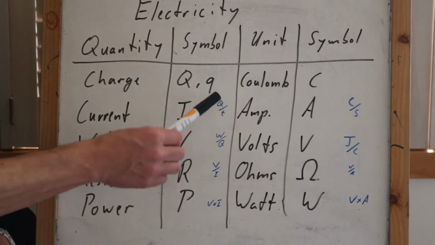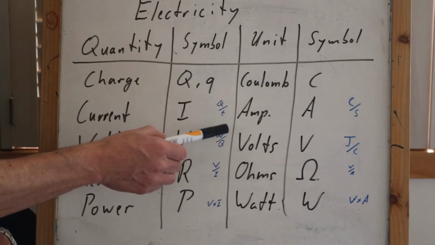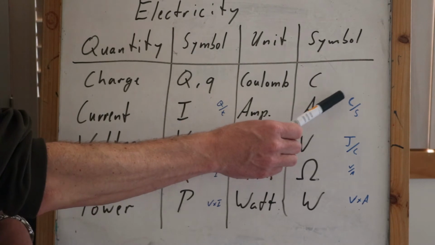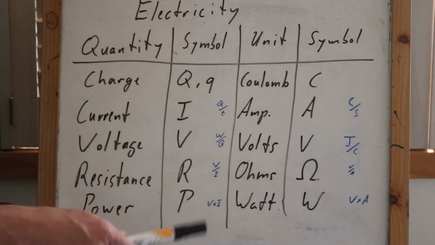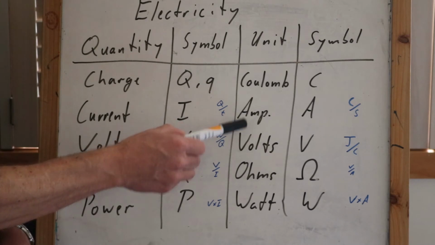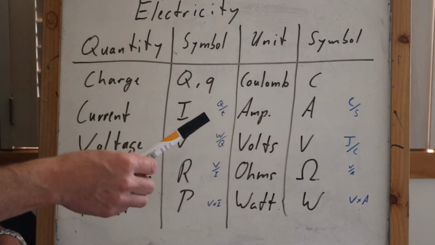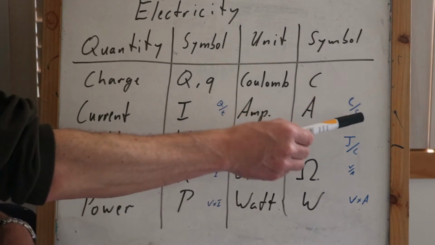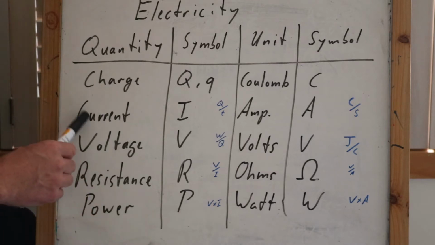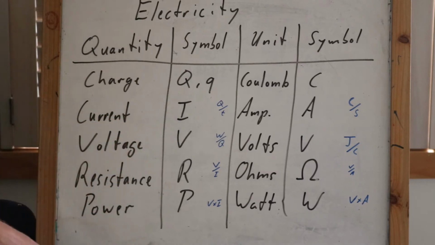How much charge is flowing per unit of time? Charge is in Coulomb, time is in seconds. So 1 amp, 1 ampere, symbol for it is a capital A, is 1 Coulomb per second. And if you have to write an equation, the symbol to use for current is a capital I.